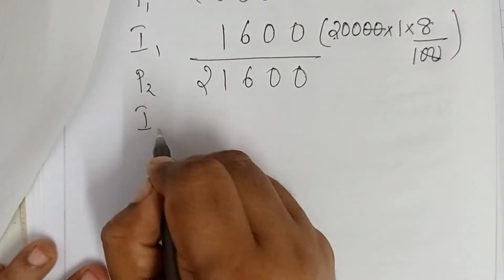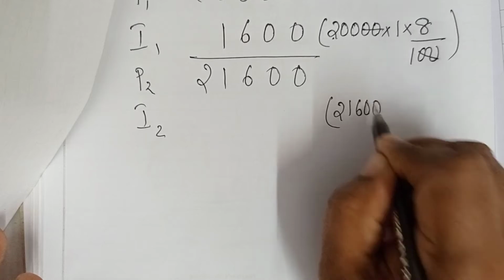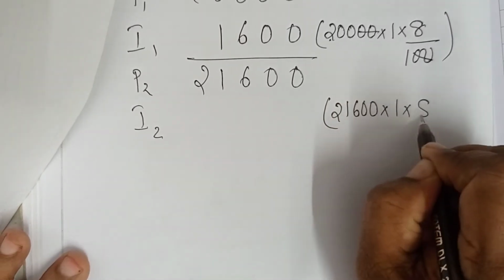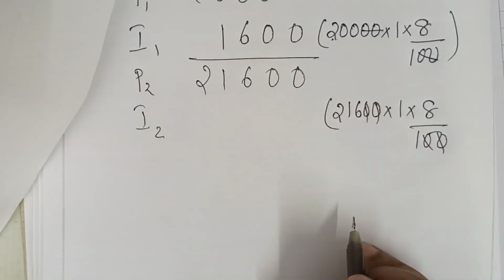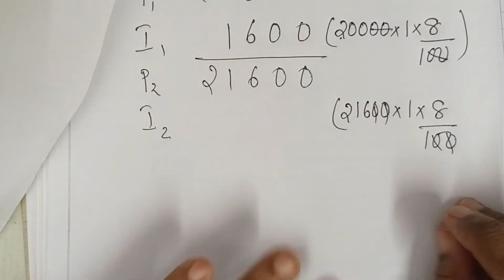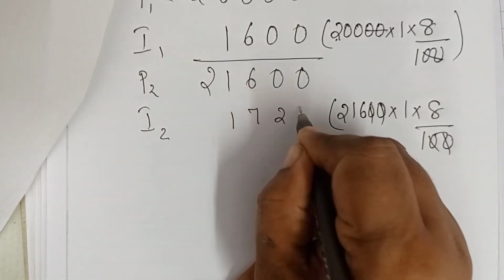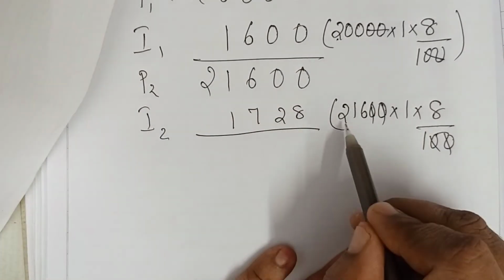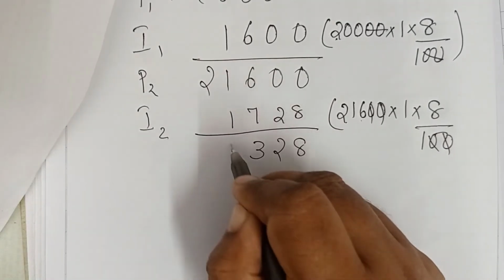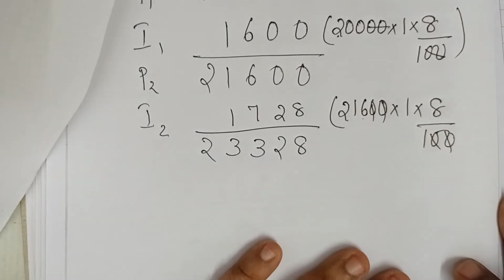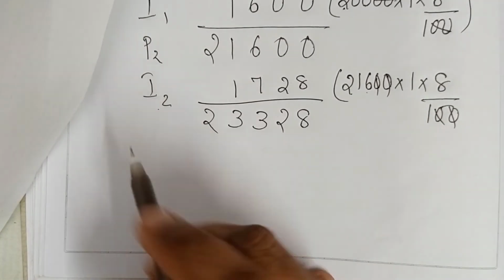Then I2. What is I2? 21,600 into 1 into 8 by 100. Is it 1728? Do the calculation by yourself. 216 into 8. Is it 23,328? Yes. This is only I2.